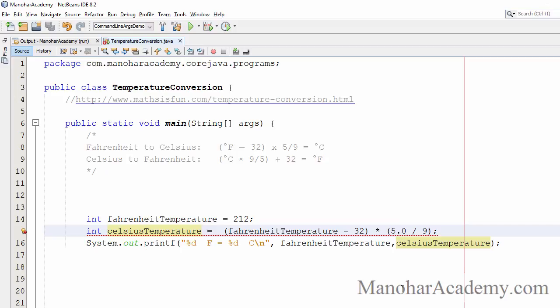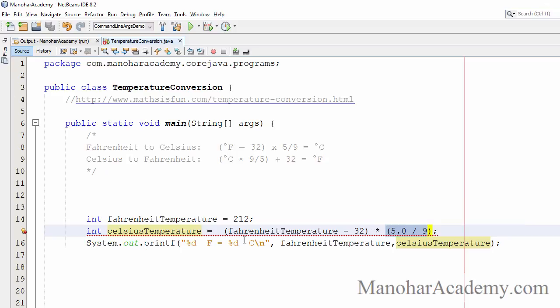What is happening here? Basically, when this operation happens, it is going to return a floating value. So the result of this expression is double, and when you multiply an integer with a double, the result is a double value. We can't keep a double value in an integer because the fractional part is going to be lost, or truncated.